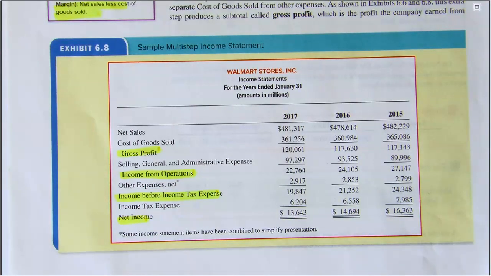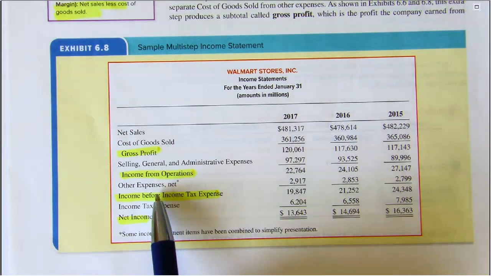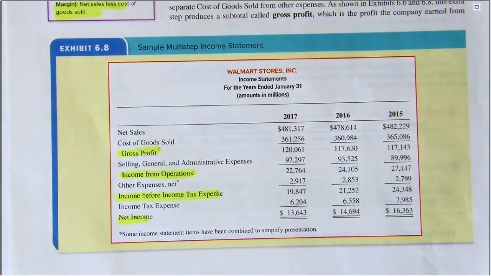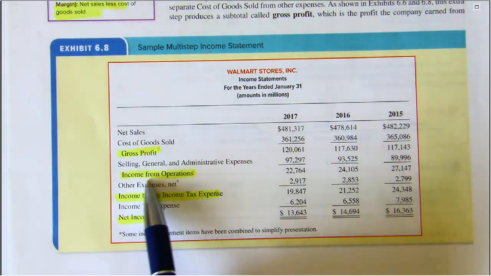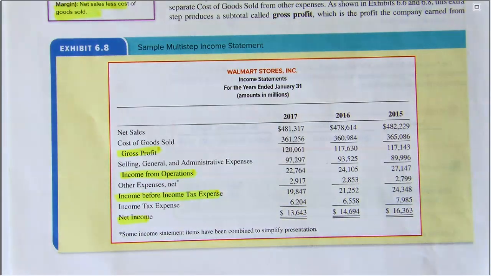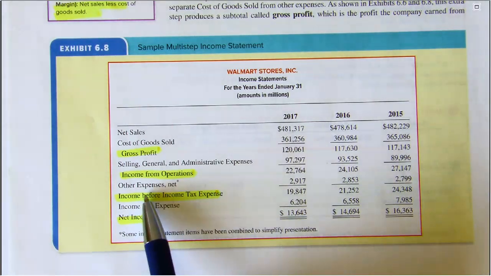Interest expense is always listed under other expenses. So there are some revenues and expenses that are not related to your core operations, so they would go below that income from operations line. You might not have these expenses every period because they're not related to the core operations. So if it's an other revenue, you would add it.